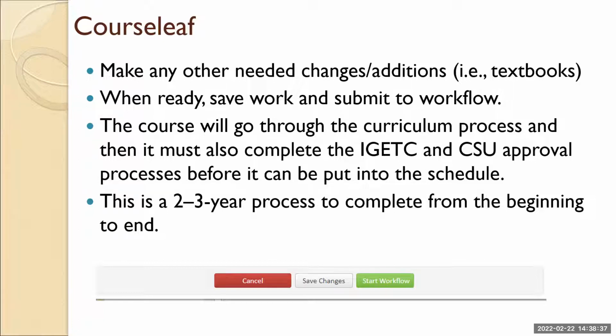So it'll have to get whatever approval comes out of that new legal process, but it has to be transferable and approved. And once that happens, then we can put it into the schedule. So it's about a 2 to 3 year process currently for all the approvals to get into place for us to consider putting you into the schedule.